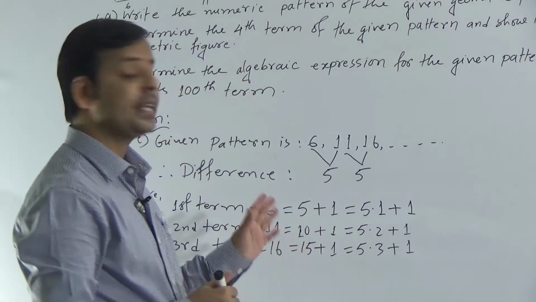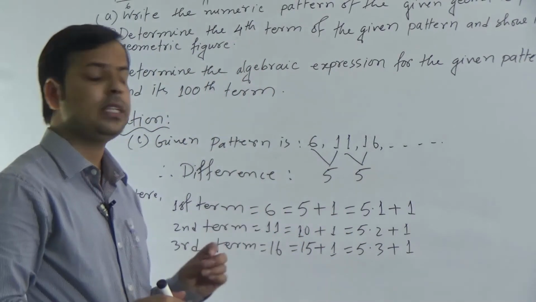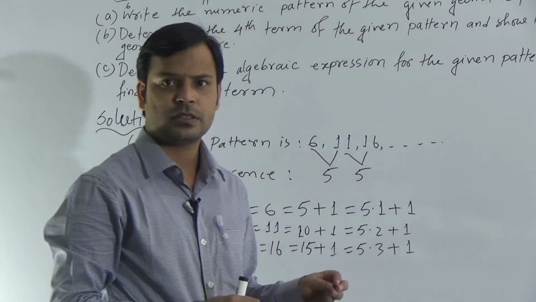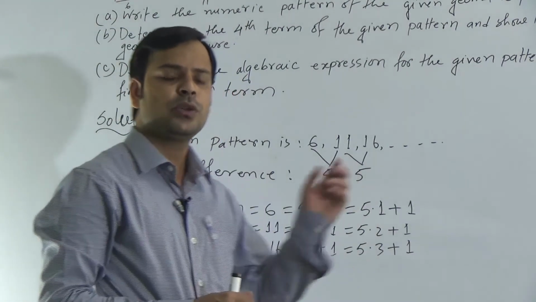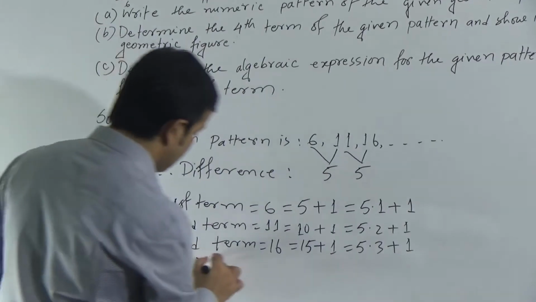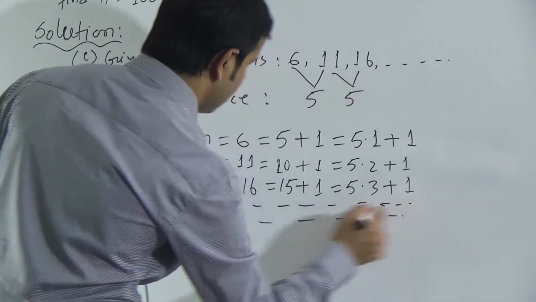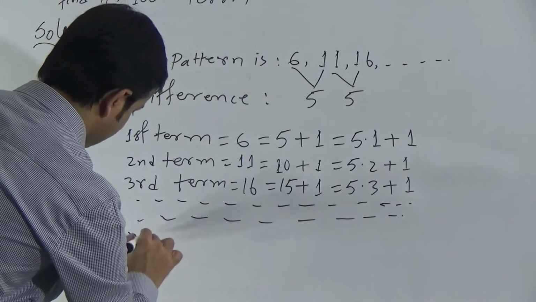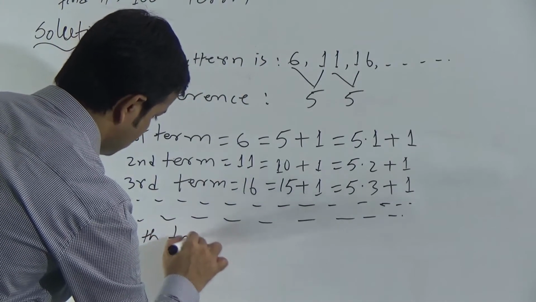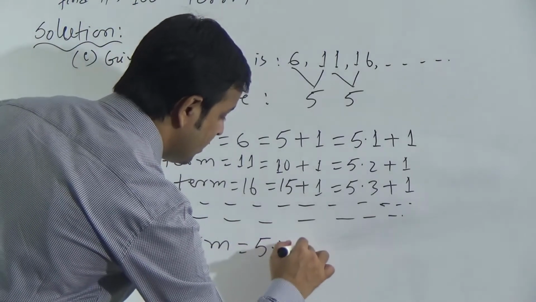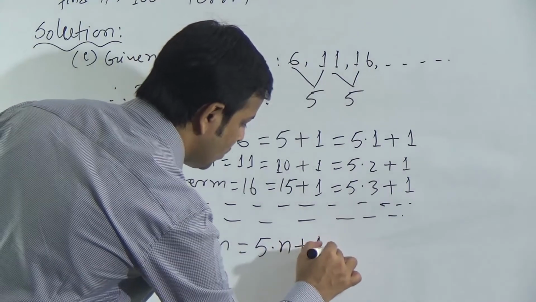But we need to find the algebraic expression. It means we need to consider an alphabetical symbol here. Suppose the symbol is n. So we need to find the nth term. Proceeding in this way, the nth term will be the product of 5 and n, and then we have to add 1.